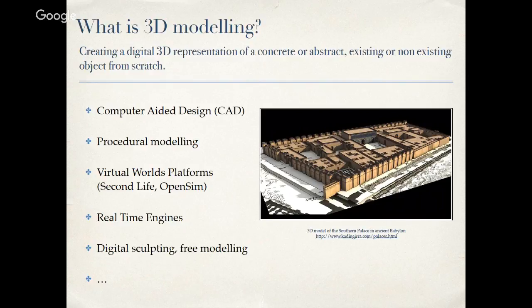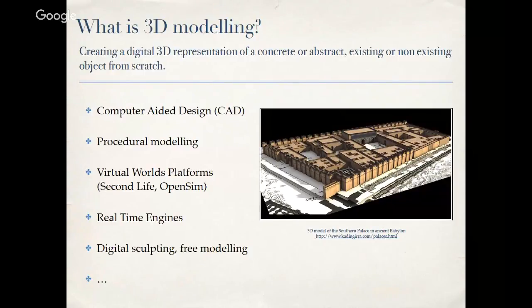So we could say that 3D imaging is more about creating digital replicas, digital images of existing objects, while 3D modeling is more about creating a digital 3D representation of something that is either concrete or abstract, and of an existing or non-existing object from scratch.